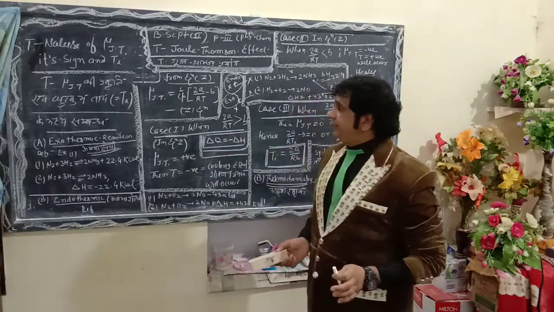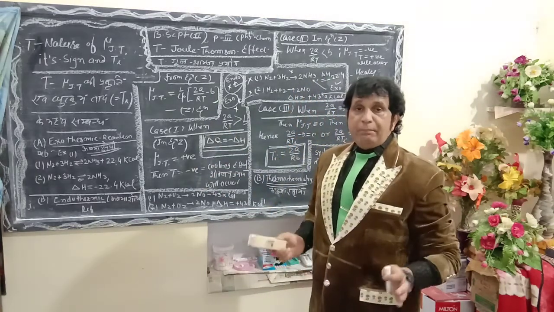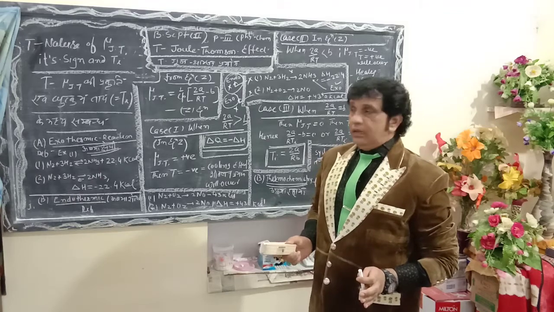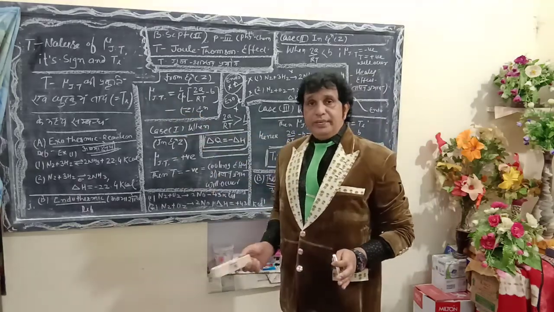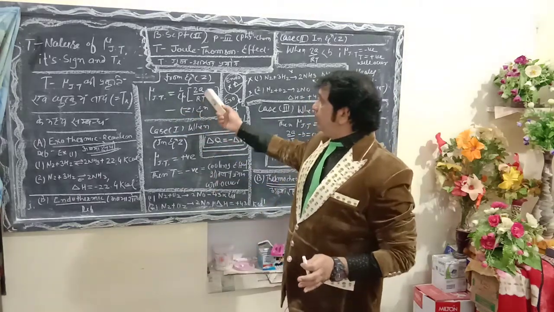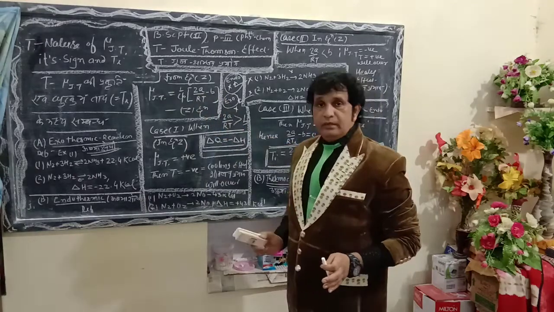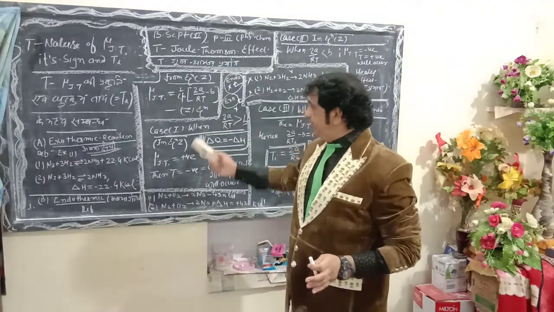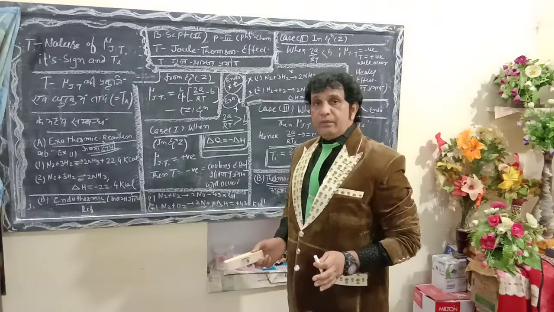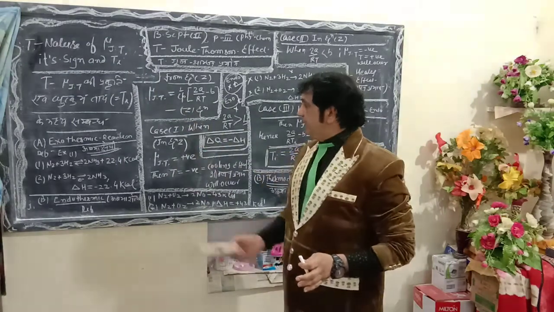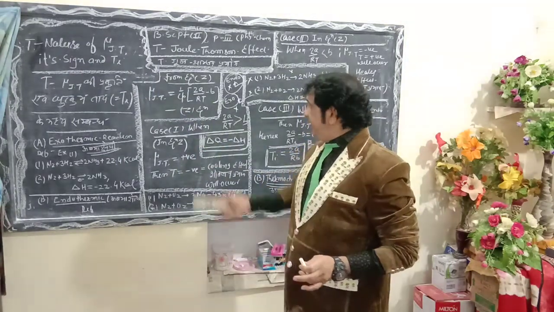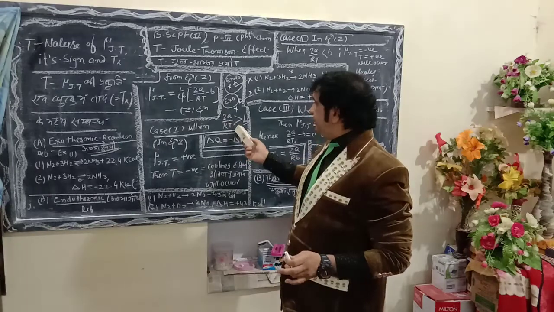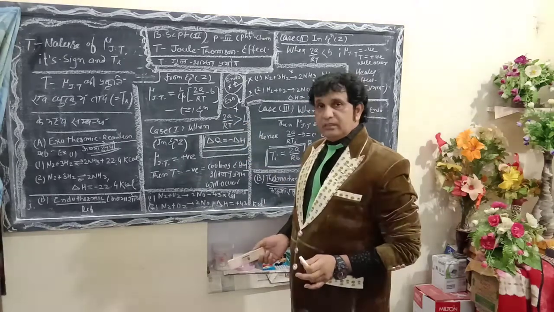Now, in various cases we apply it on mu-J-T. Here, in case first, we apply in equation Z when 2a upon RT is greater than b.